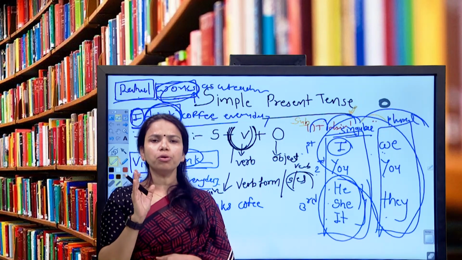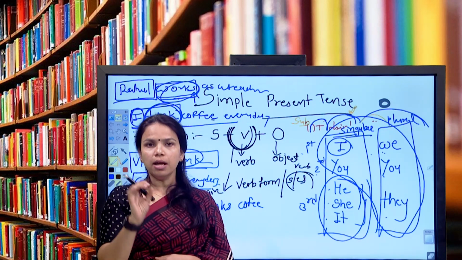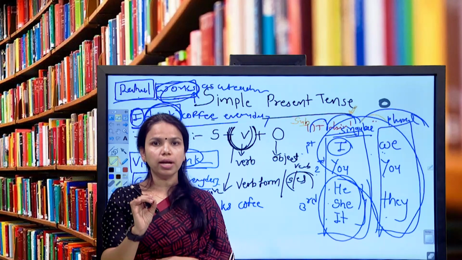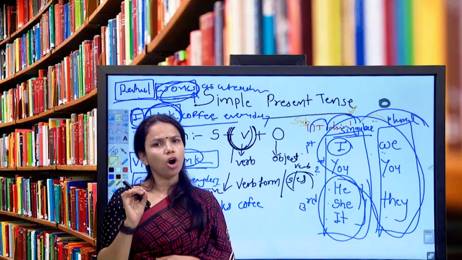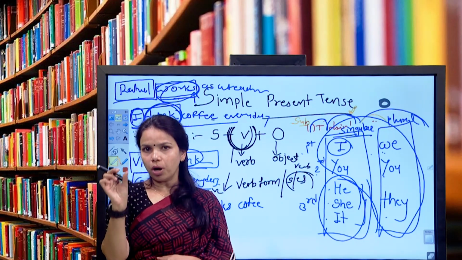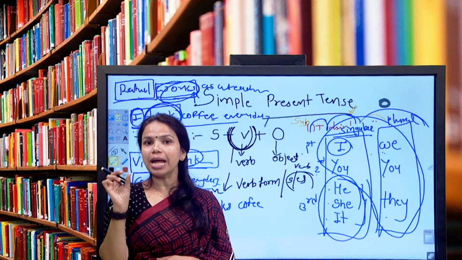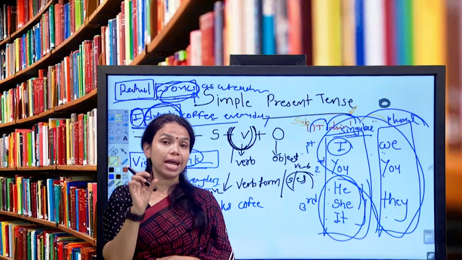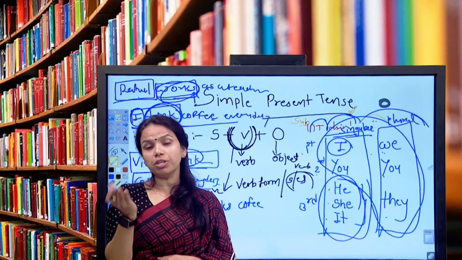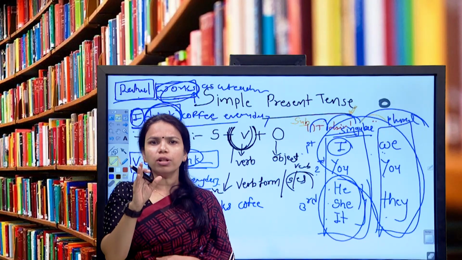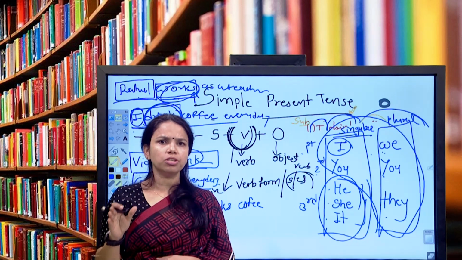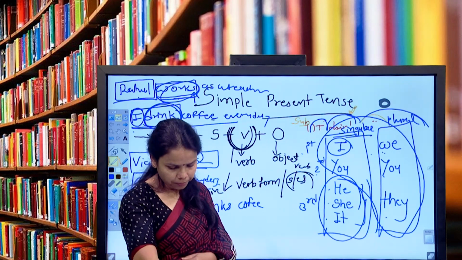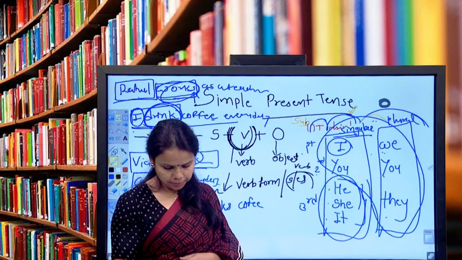And you have to keep in mind only one thing: if the subject is third person singular, meaning he, she or it, then after that particular verb you have to put s or es accordingly. On which verb you put s, and with which verb you use es, there are also rules and regulations, so you have to memorize them. These are the things for simple present tense.